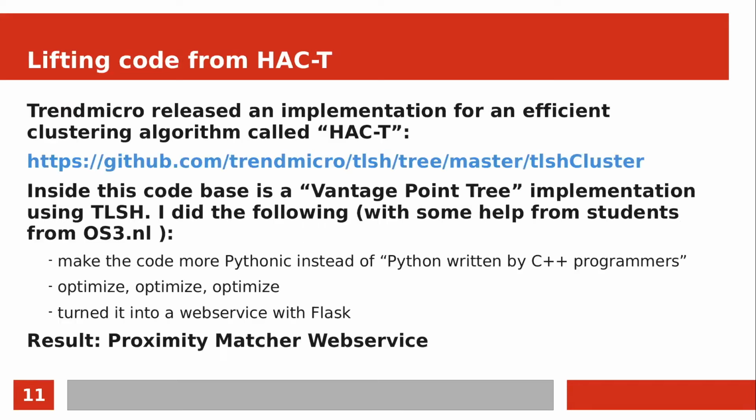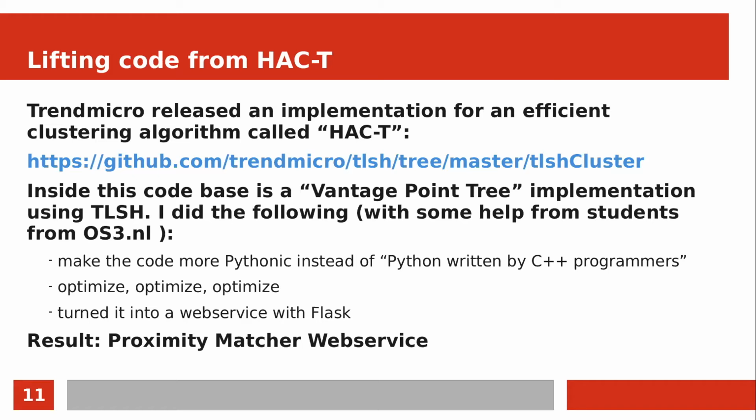They published, in 2020, I think, an algorithm called HAC-T, which is used for efficient clustering based on TLSH, and you can find a reference implementation on GitHub. Inside this code base is an implementation of this vantage point tree using TLSH.